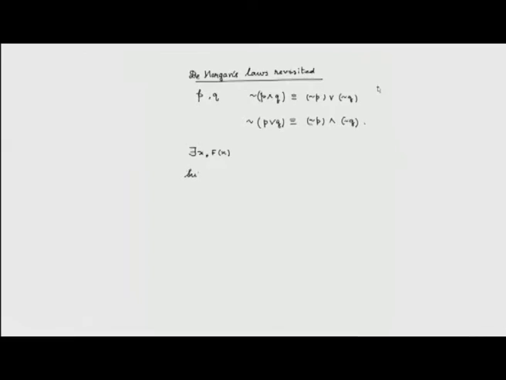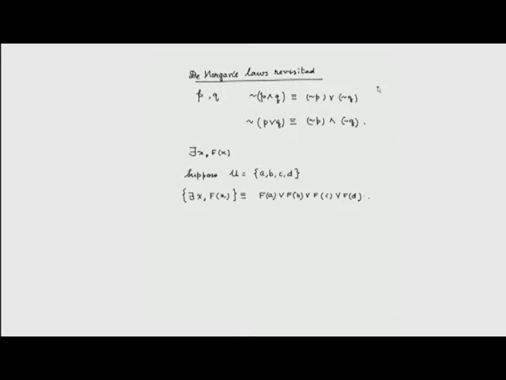Suppose U is equal to A, B, C and D. Therefore, we see that when I say there exists x f x, this statement is equivalent to stating that f a or f b or f c or f d.